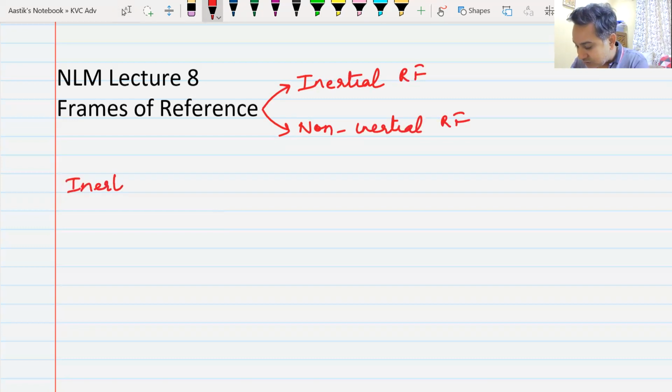What do you mean by inertial reference frame? How do I define it?